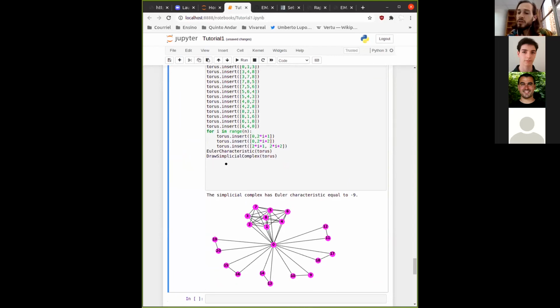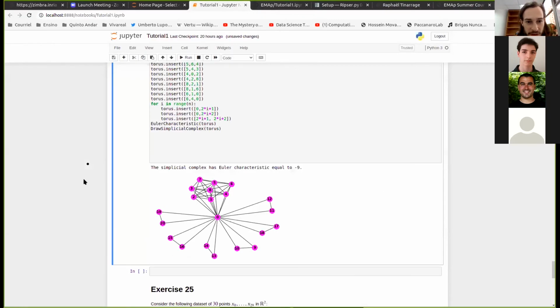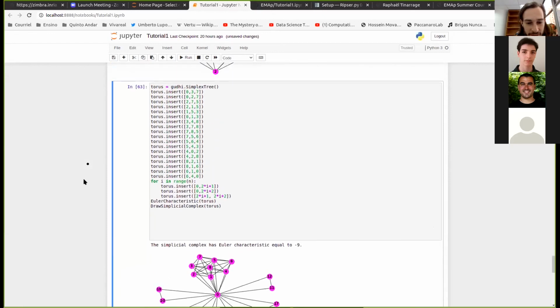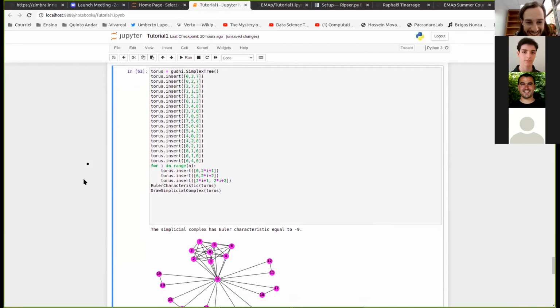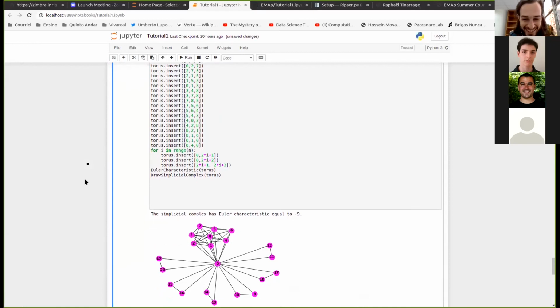So Guilherme, what is the simplicial complex you sent? I imagine it as a torus embedded in a bouquet of circles. This is a bouquet of tori, or something like that.